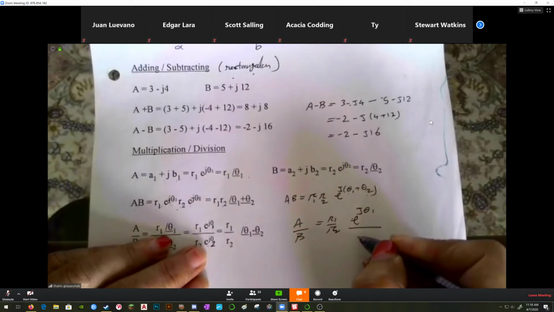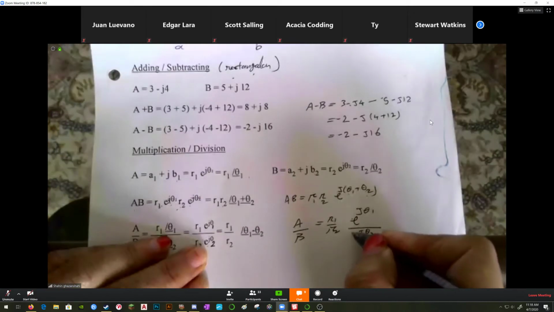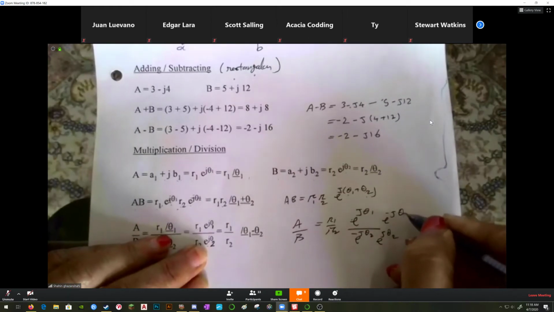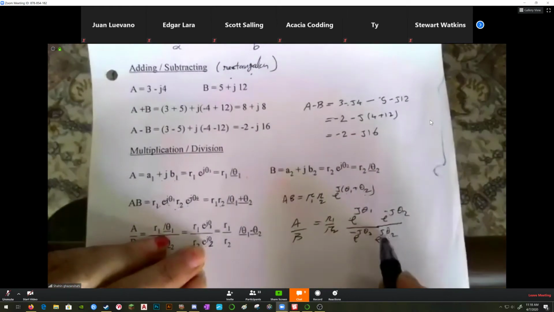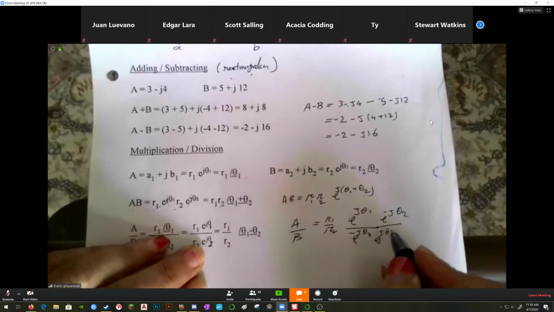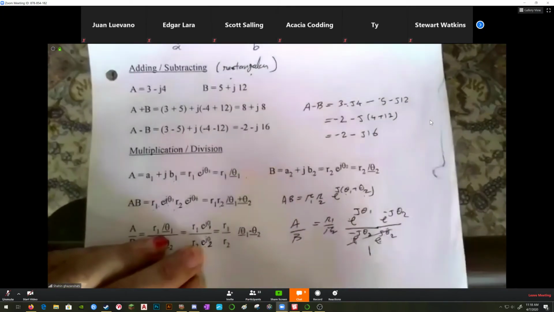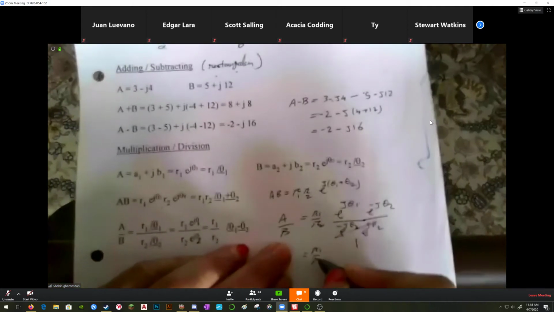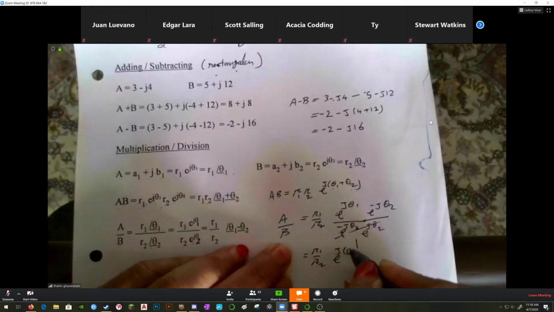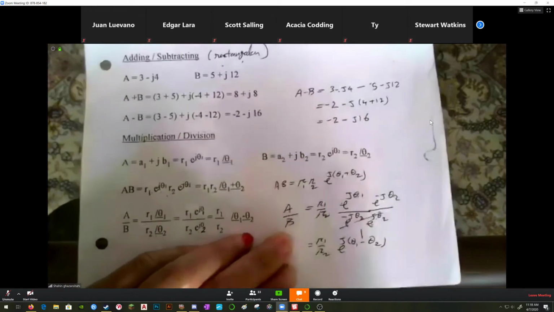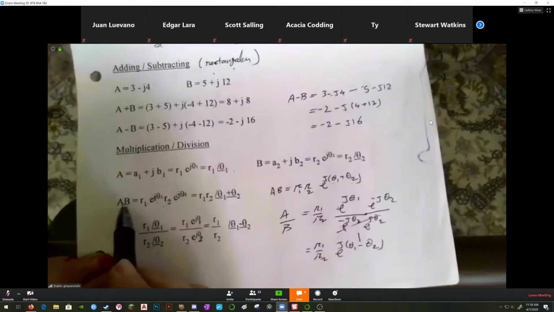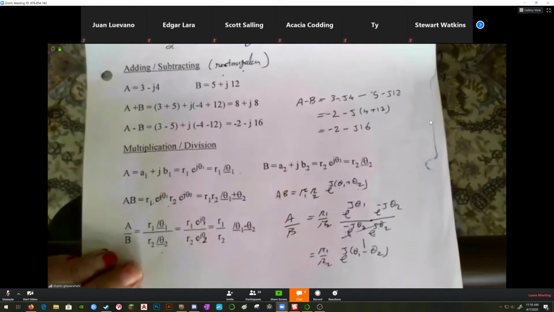Let's multiply the numerator and denominator by exponential of J theta 2 with a minus. You don't need to do these steps, but that's the reason. This and this, when you add them, cancel. Exponential of 0 is 1. So that's why you're subtracting here. So it's R1 over R2, exponential of J, theta 1 minus theta 2. So when you divide, you subtract the angles. When you multiply, you add the angles.